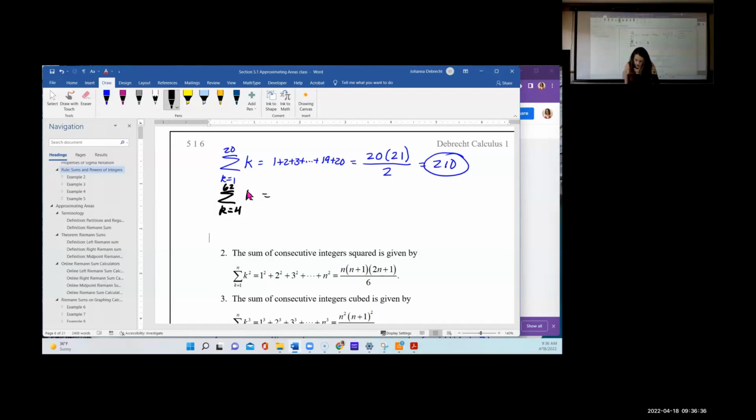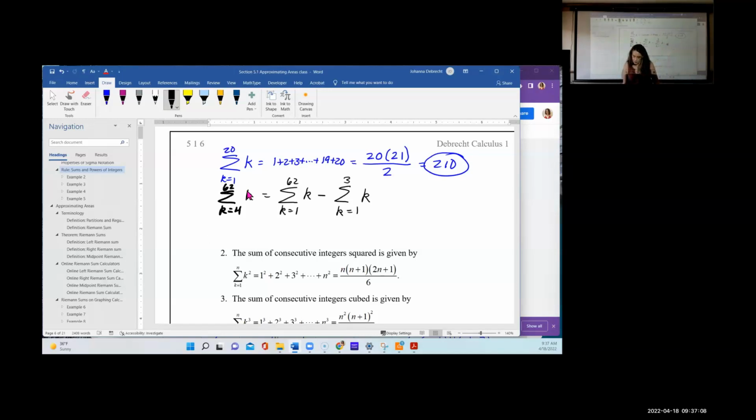Well, first you're going to say this is equal to the sum from k equal 1 to 62 of k minus the sum from k equal 1 to 3, right? You want to start at 4. So you have to get rid of the first 3. So you're going to say that's the sum from 1 to 62 minus the sum from 1 to 3.